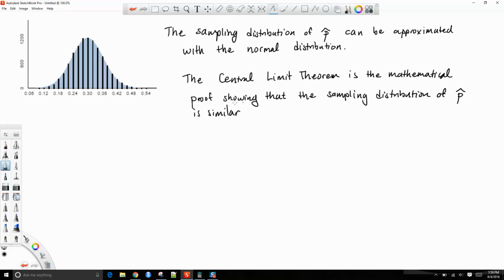I know in the picture we're saying it looks similar, but there's an actual mathematical proof that says not just the picture, but really mathematically we can prove that it is a normal distribution under certain conditions.